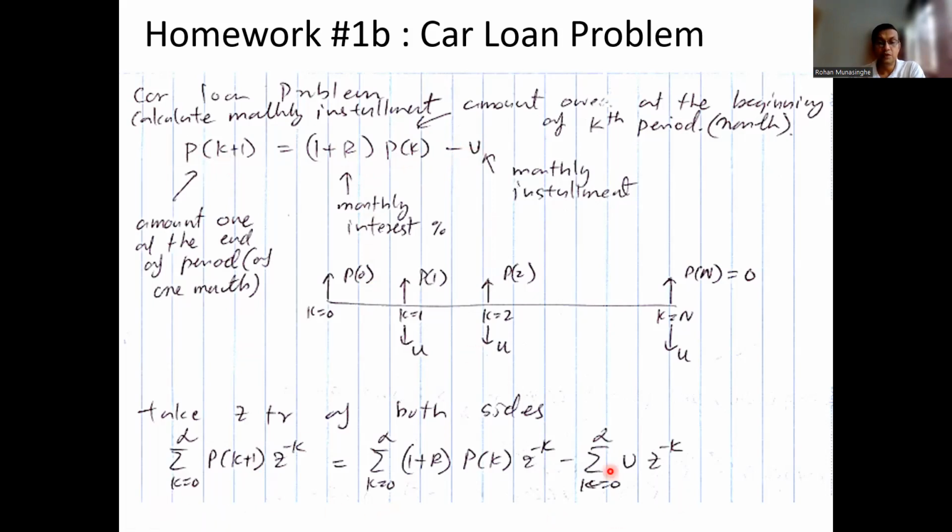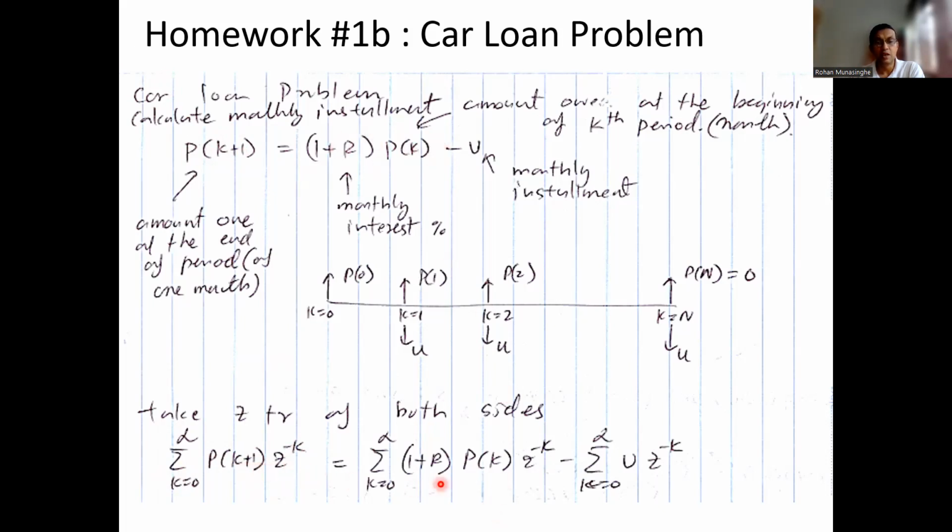So this is the definition of Z transforms. Summation from k equals 0 to infinity, the function given to you, and z to the minus k. So that's the definition of Z transforms, right? If you're not very sure how to work it out, you can write down the definition and see whether it makes it any easier for you to figure out the Z transform.